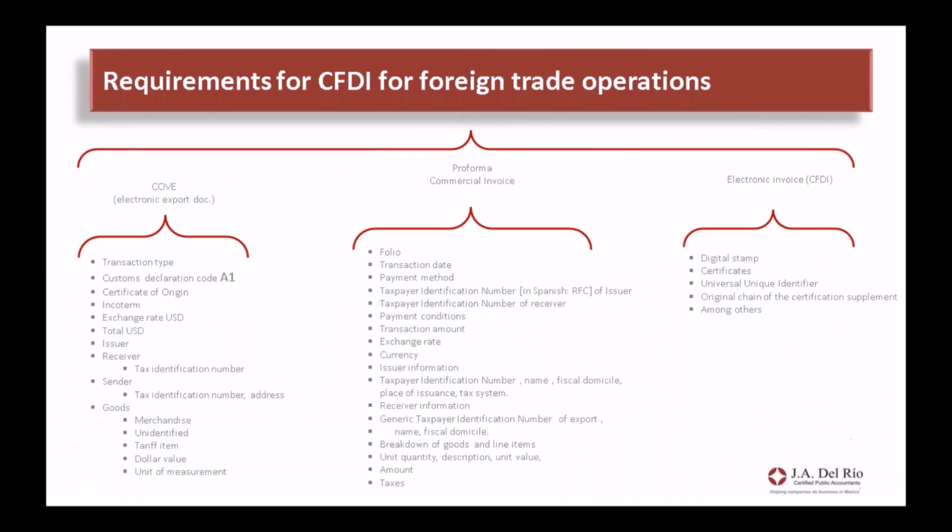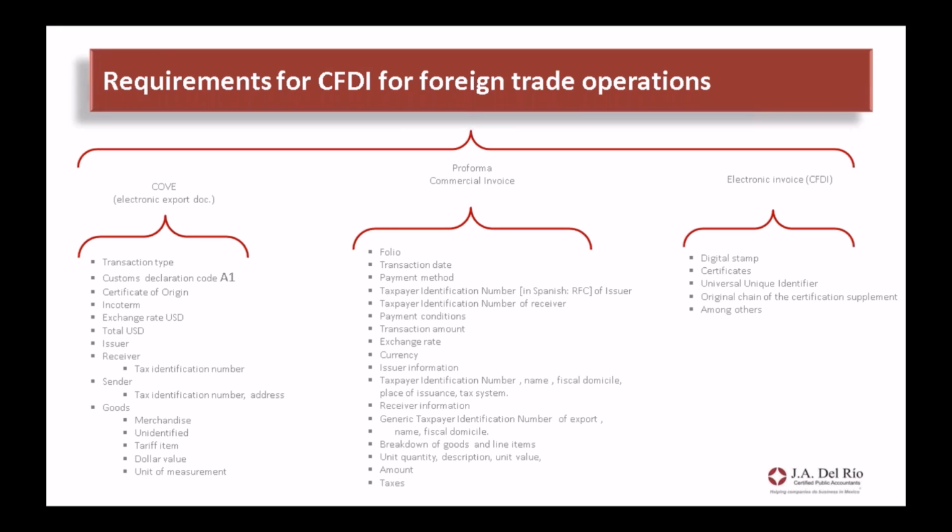The first one, from right to left, is a CFDI, which is well known as an electronic invoice. That document represents the transfer of the goods that you're selling to your client.